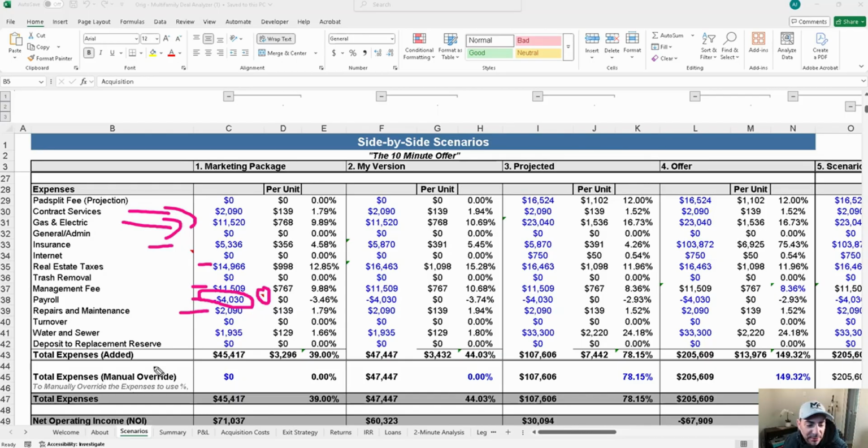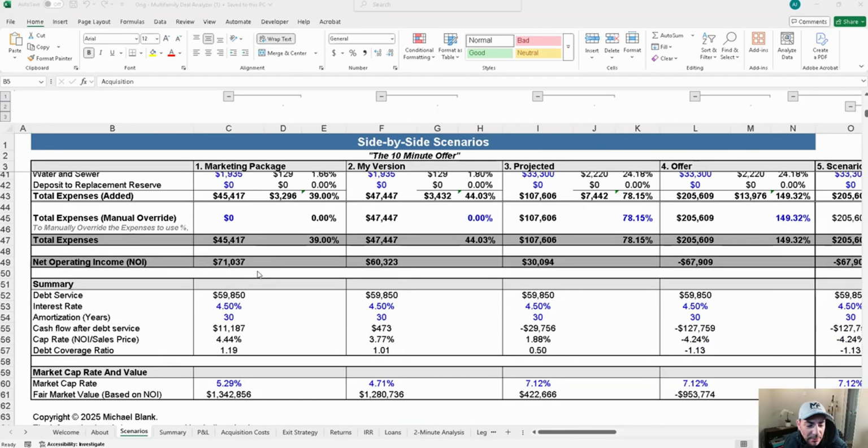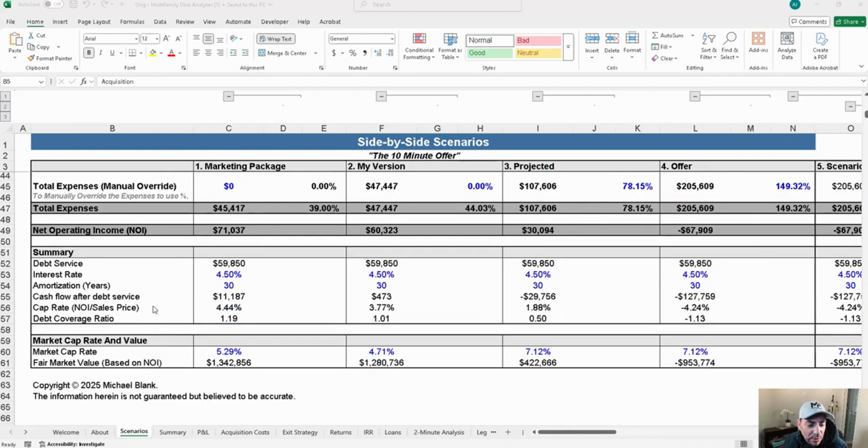Then repairs and maintenance, water and sewer. And basically my total expenses are 45 grand. So then the next step, in this case, is the 4.5 interest rate, because it's a seller finance deal. And the market cap rate in the area is 5.29, which gives us a valuation of 1.3.